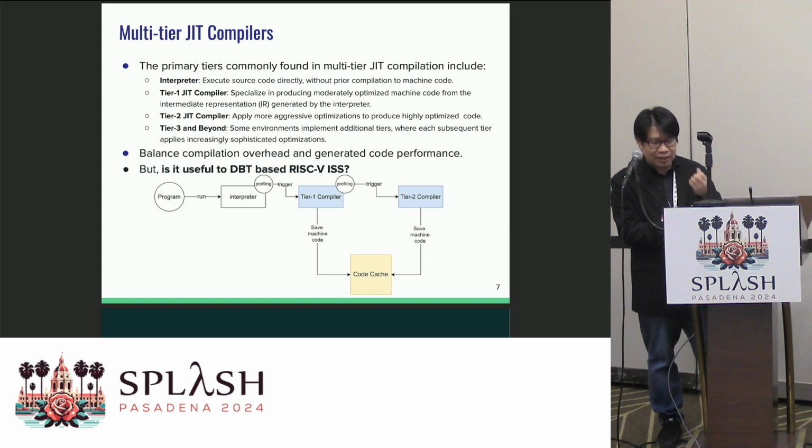The second tier usually deploys several optimization techniques, some essential optimizations. And for the last tier JIT compiler, we can apply several aggressive optimization techniques. But the question is whether this approach is suitable for low-level virtual machines such as a RISC-V instruction set architecture simulator.